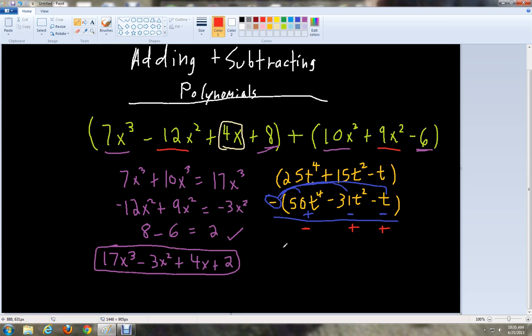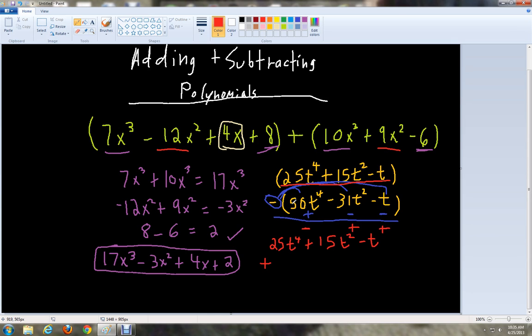So what we'll have here is 25t to the fourth plus 15t squared minus t. We're just copying down what we have in the first polynomial, and then we'll do plus.